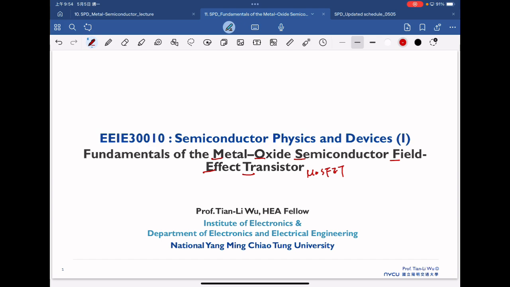We spend more than 60 to 70% of the time in this class building up the fundamentals that help us understand the MOSFET transistor. Finally, we will combine and apply all these fundamentals together to understand the typical operation basis of the MOSFET.